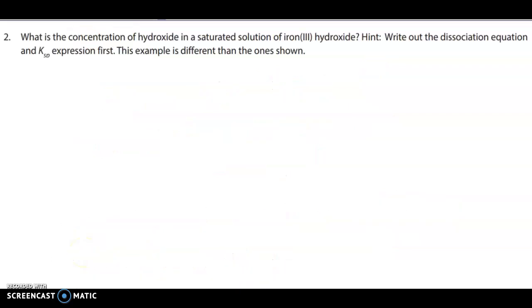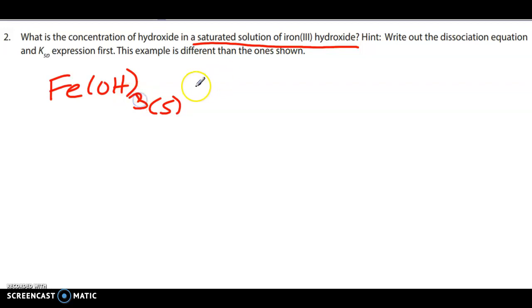Okay, so number 2 says, what is the concentration of hydroxide in a saturated solution of iron 3 hydroxide? Okay, so let's take a look. We have iron 3 hydroxide. Let's write the dissociation expression, or equilibrium here.